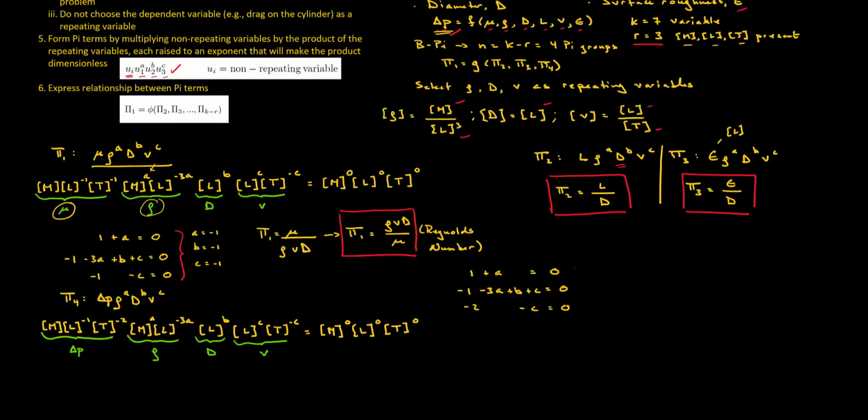So we have 3 equations with 3 unknowns. So we find that a is equal to -1, b will be equal to 0, and c is equal to -2.